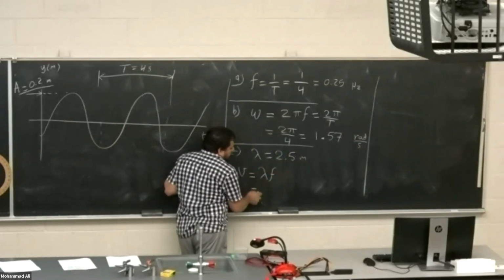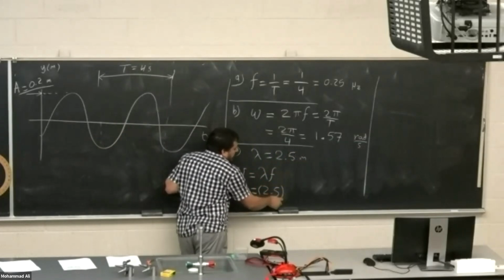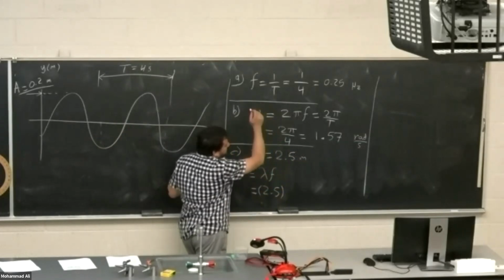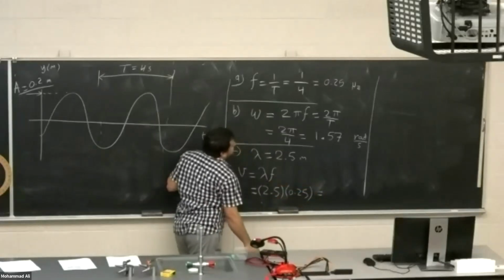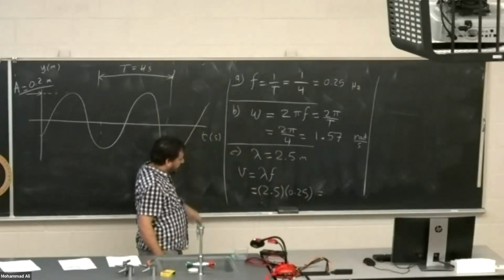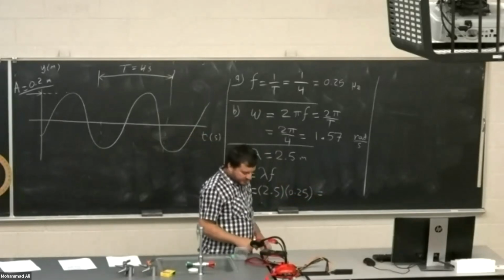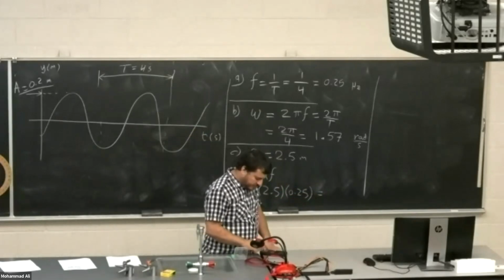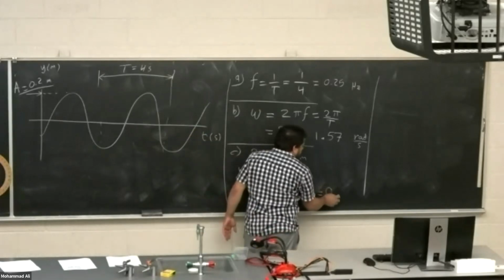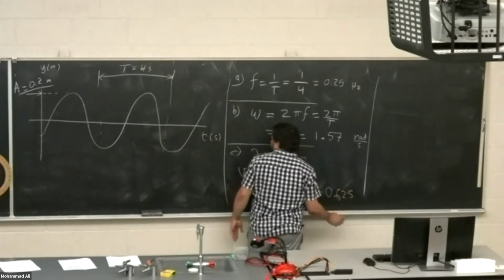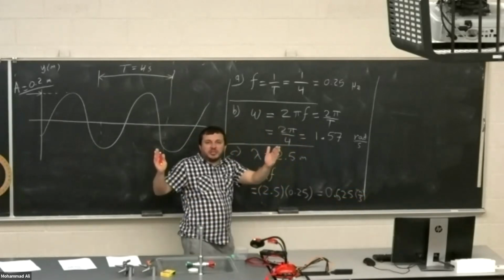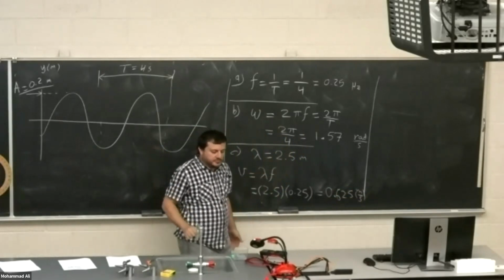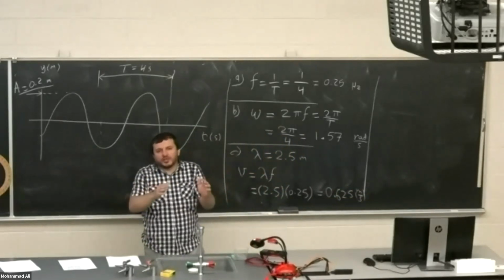So lambda is 2.5 and the frequency is a quarter. That gives 0.625 meters per second. It's a velocity. It is 62.5 centimeters per second. Just like a wave of water, a slow wave.